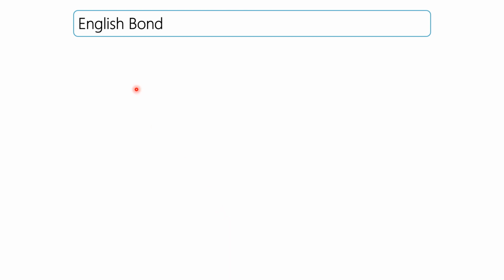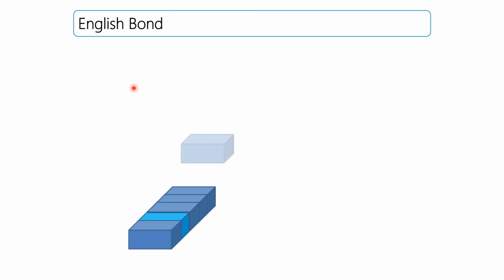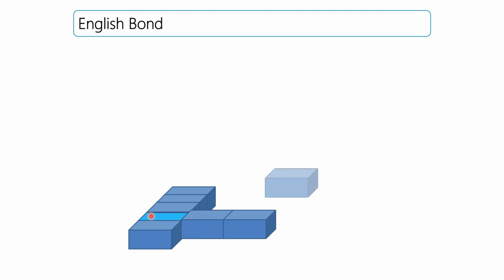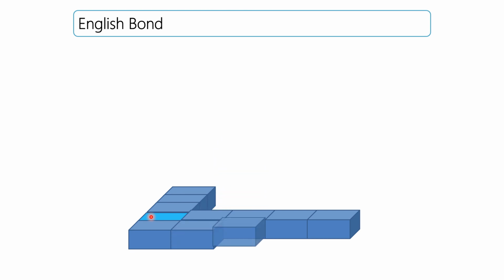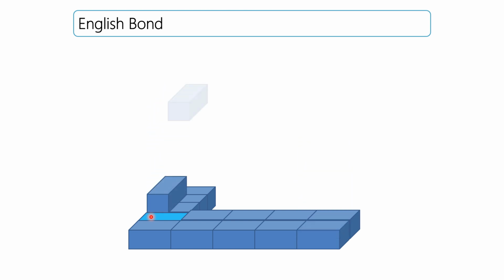Now English bond. Here, see, again a bat is provided, and this bat is a king closer.